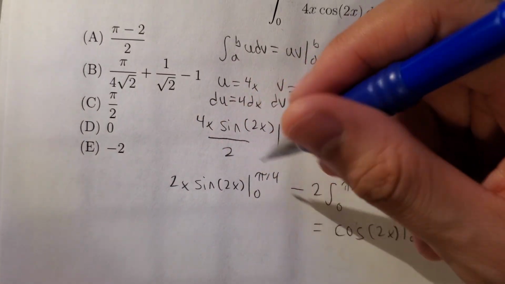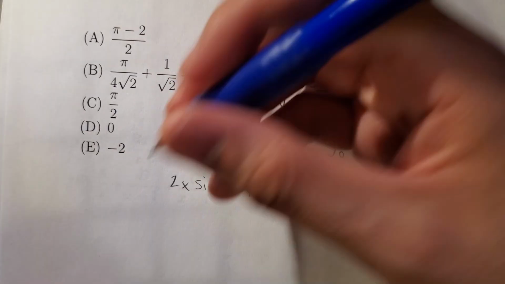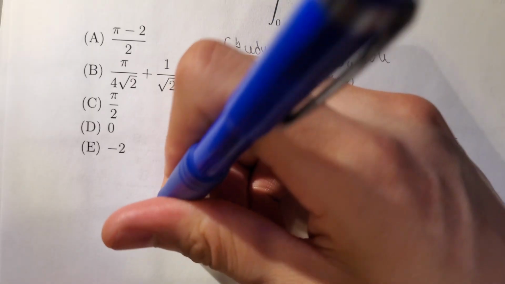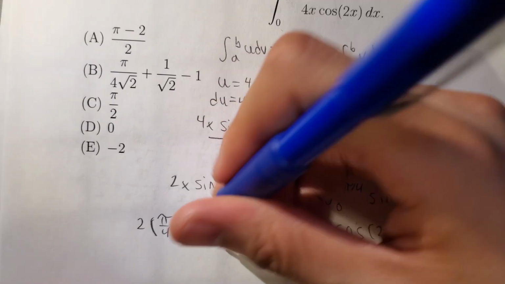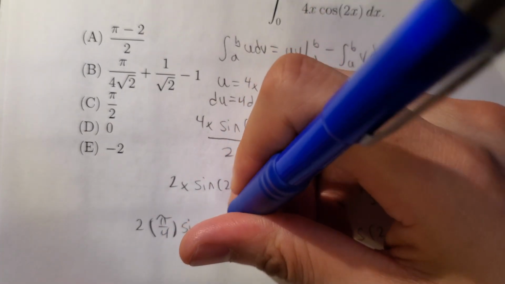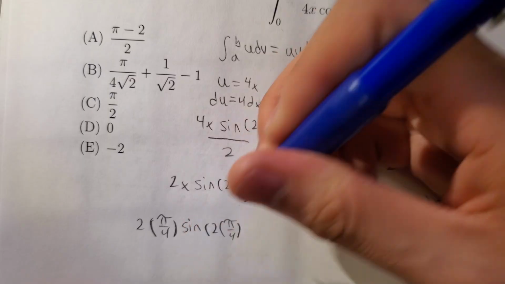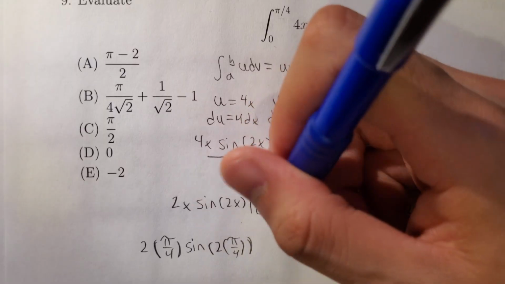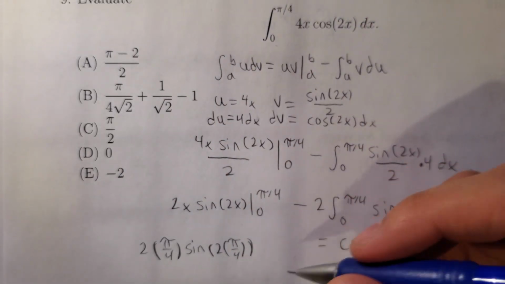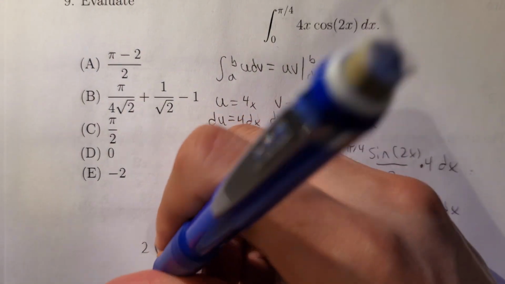So when we plug in the boundaries, you end up with 2 times pi over 4 sine of 2 times pi over 4, minus this, but with 0. But I'll start with this. So we end up with pi over 2.